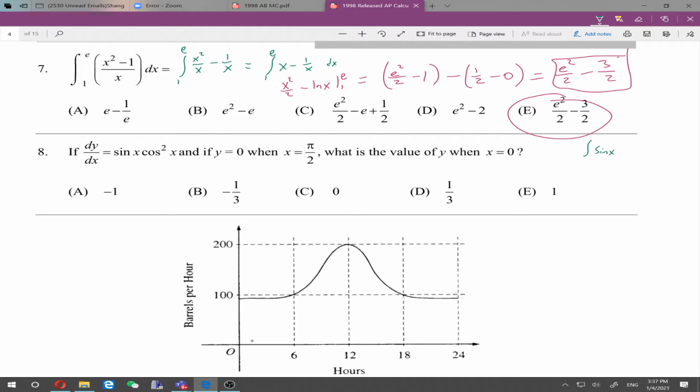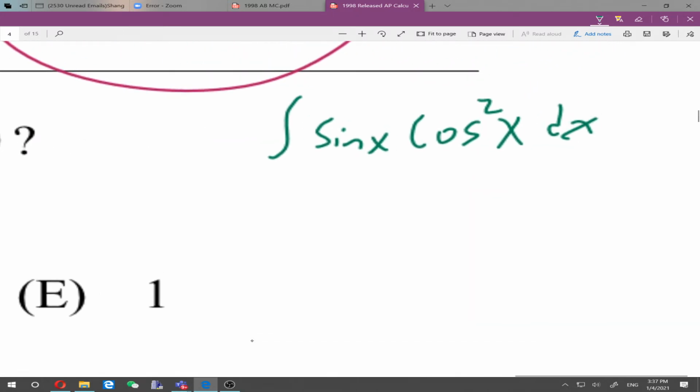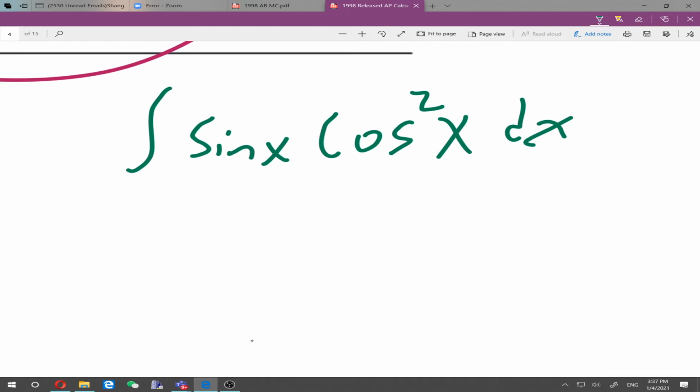One third, no, negative 1/3 cosine. Okay, I think you've got it. But what's my u and what's my u prime? U is sine x.